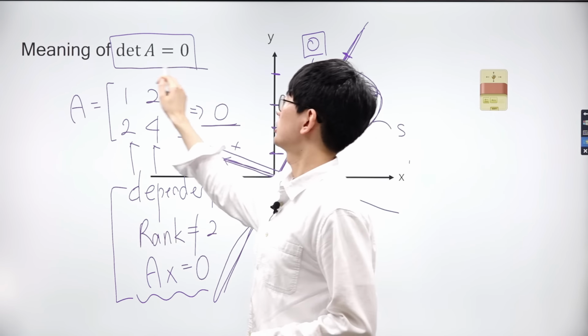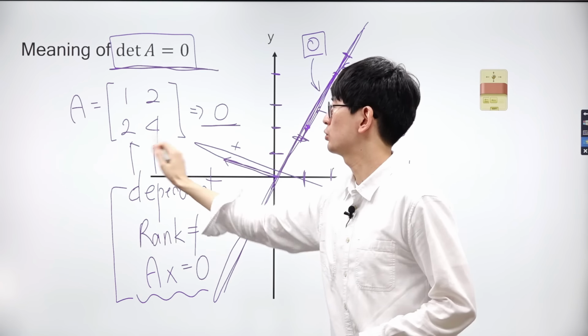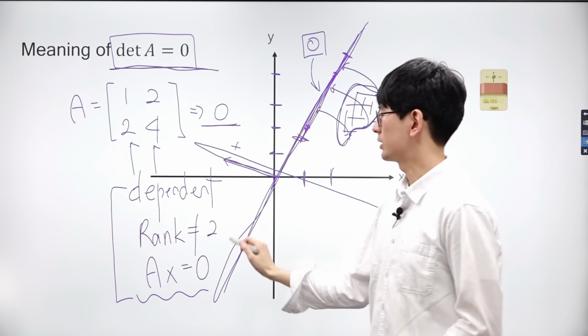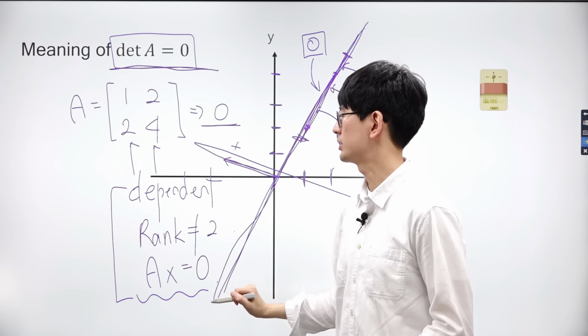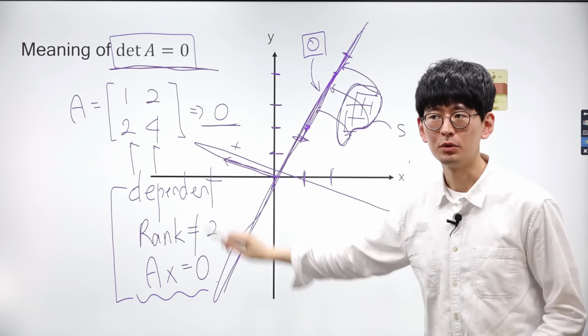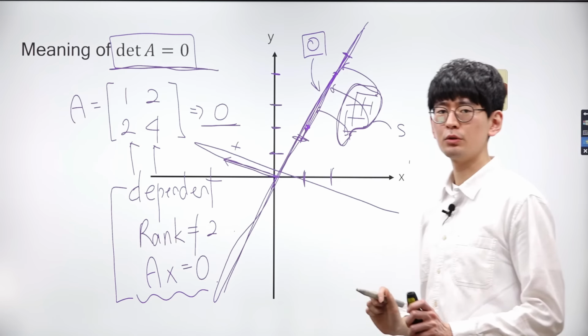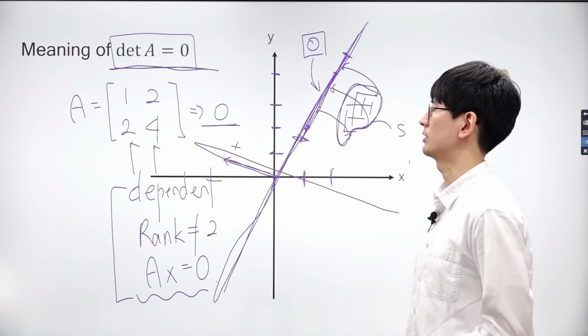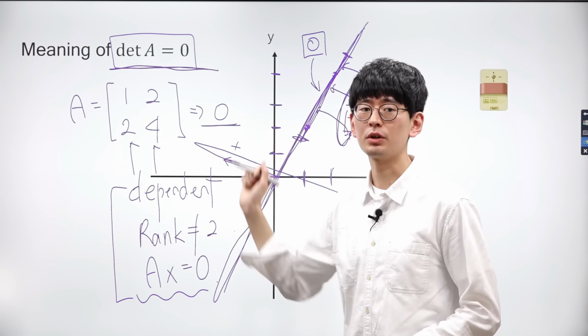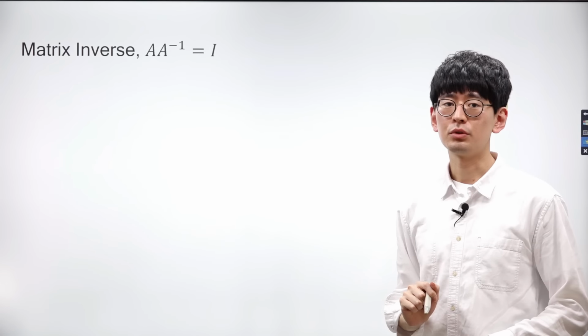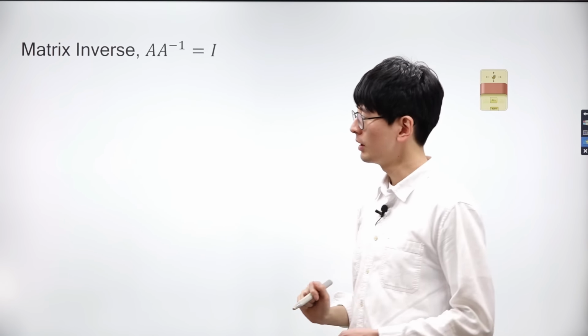When the determinant of a matrix is 0, it signifies the presence of linearly dependent vectors within the matrix. This also implies a decrease in the rank of the matrix, alongside the existence of a null space. Essentially, these concepts hold the same idea.